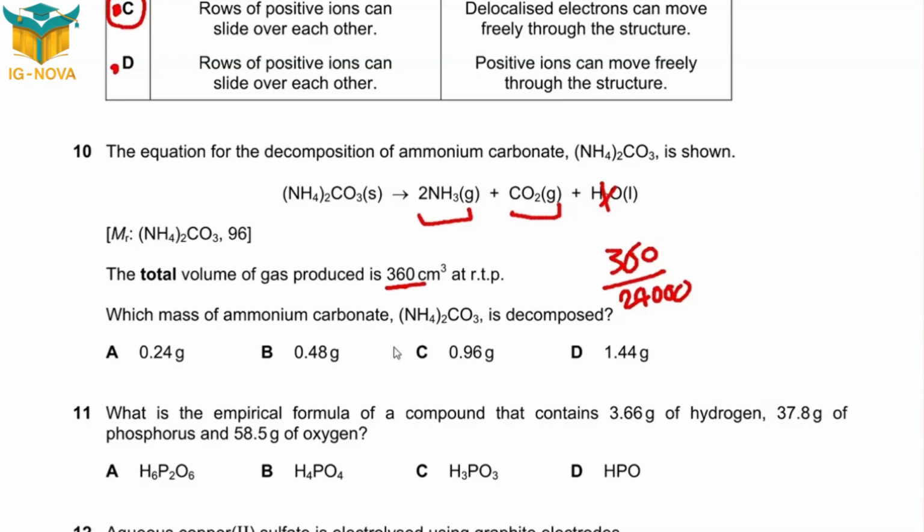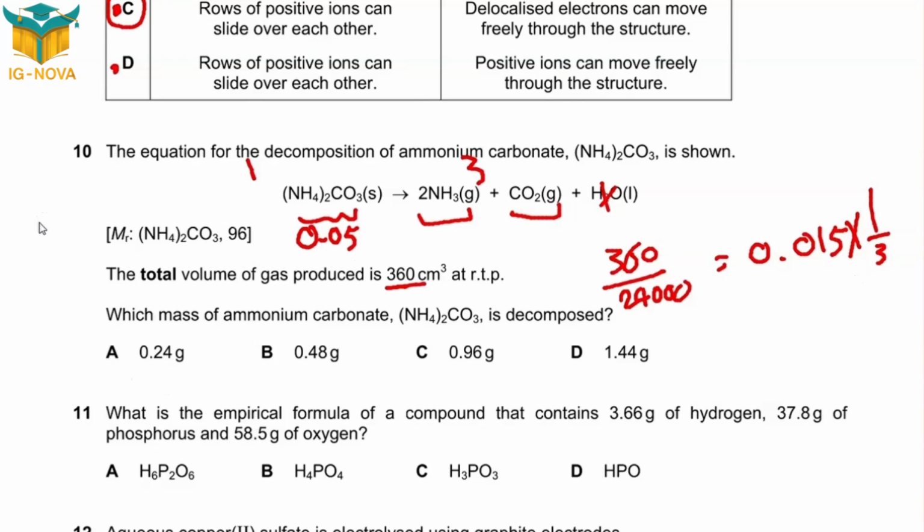Number of moles is 0.015. As you can see, the ratio is 3:1. So the moles of the reactant will be this multiplied by 1/3, to be 0.05.